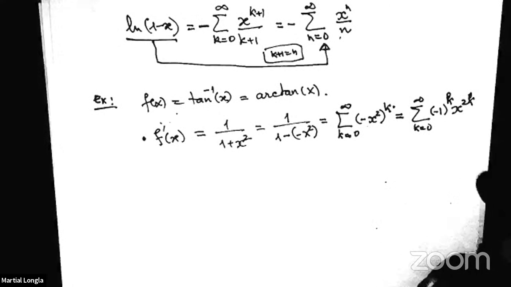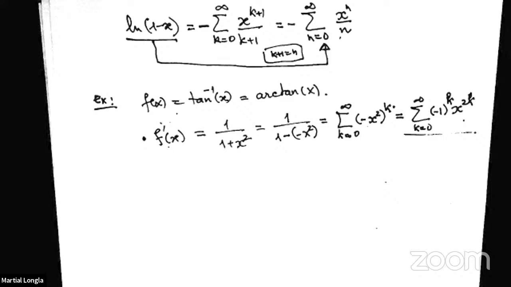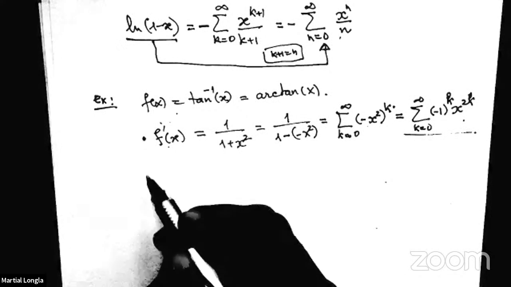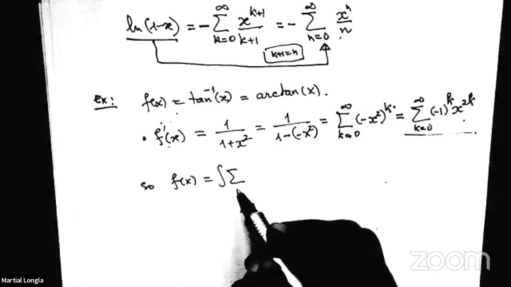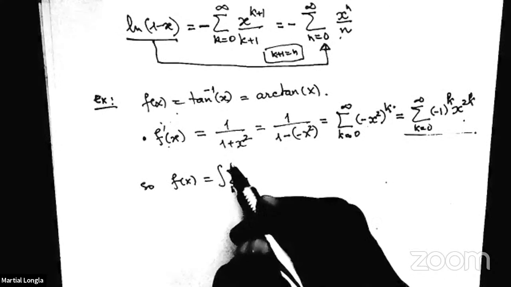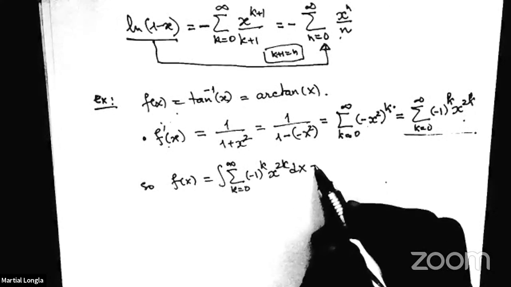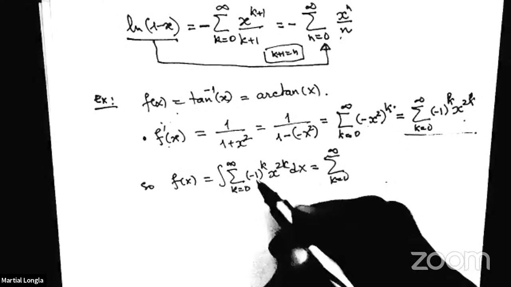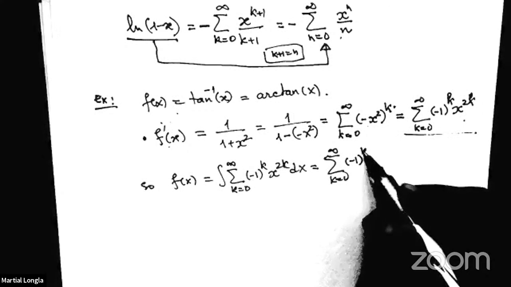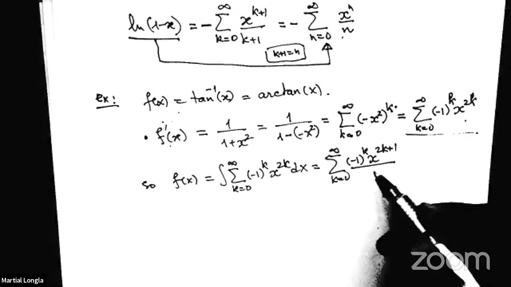Now, from here, you see, okay, I know the Taylor series of the derivative. Therefore, we take the integral. And this is sum k from 0 to infinity, and we integrate x to the 2k, we get x to the 2k plus 1 over 2k plus 1.